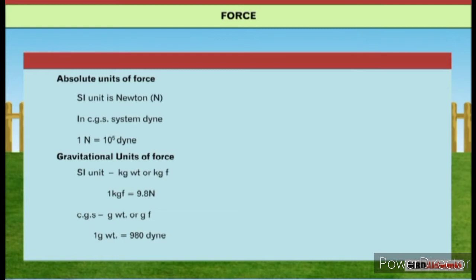SI unit, kilogram weight or kilogram force, kg weight or kgf. 1 kgf is equal to 9.8 N. CGS, gram weight force, GWt or GF. 1 GWt is equal to 980 dyne.